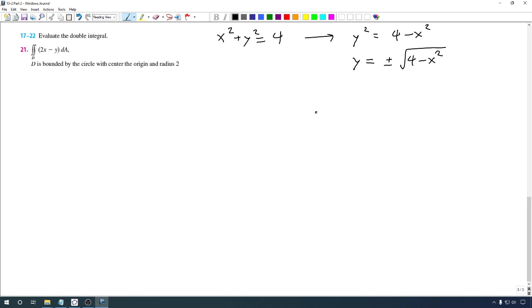In some cases, again, it could be easier to do one or the other. Actually, that might depend on what the integrand is, whether it would be easier to integrate with respect to x first versus y. But in this particular case, it won't really matter. These are both being treated kind of equally. They're both linear terms. So I'm just going to go ahead and do it as a type 1.